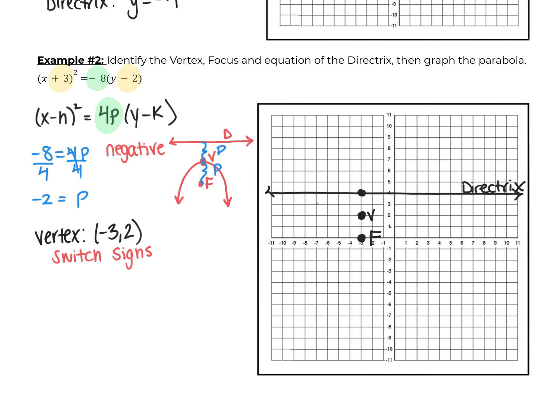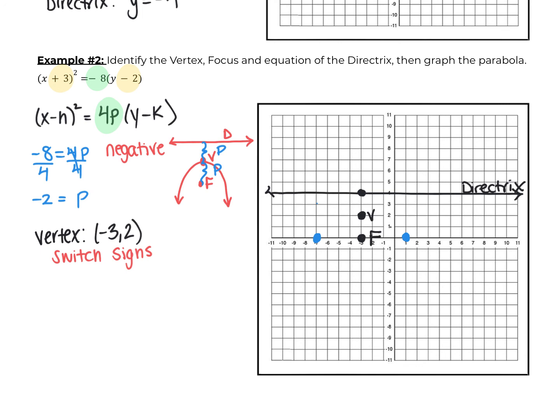Now, like we learned before, we can double the p-value. So since p is 2, we can double that and make 4. And we can go 4 values from the focus, 4 values to the left, 4 values to the right.